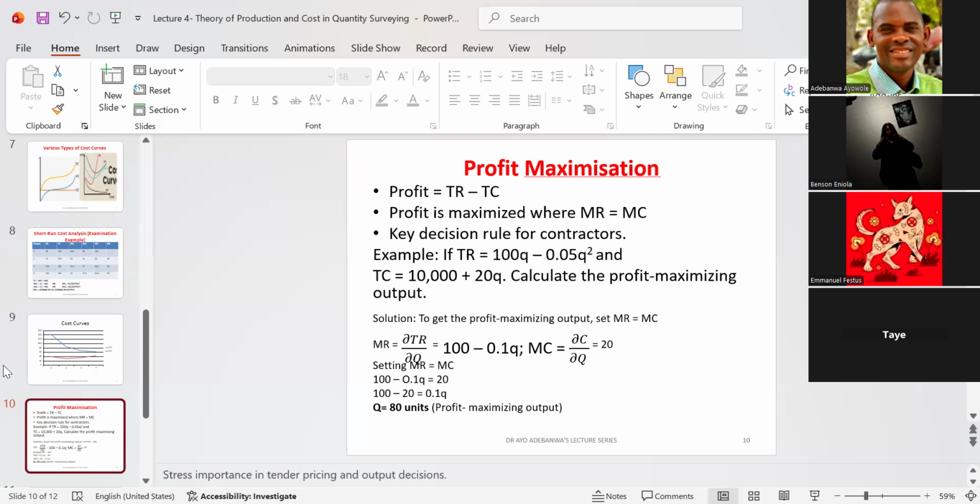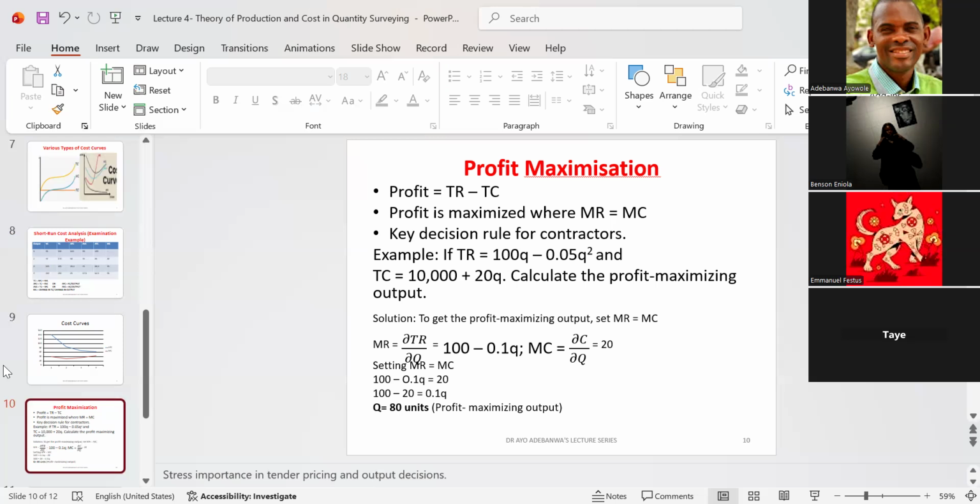Then subtract 1 from 2, that will give you 1. So then this 100Q has an invisible power of 1. That invisible power of 1 times 100 will give you 100. Then 1 minus 1 will give you 0. So Q raised to power 0 will give you 1. 1 times 100 will give you 100.